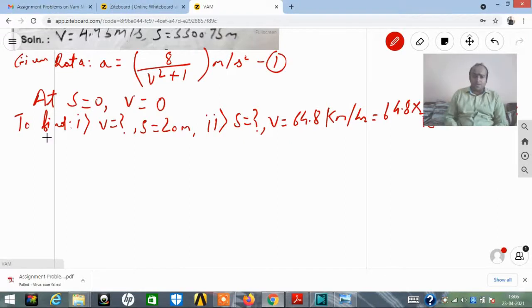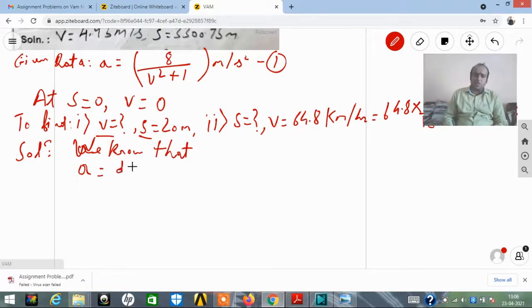Friends, the equation is given as A as a function of V and the parameters that they have asked are in terms of velocity and displacement. So now it is a challenge for us which equation we are supposed to use for acceleration. We know that as per the chain rule, A is equal to dV divided by dt, to be specific dV divided by ds into ds divided by dt.